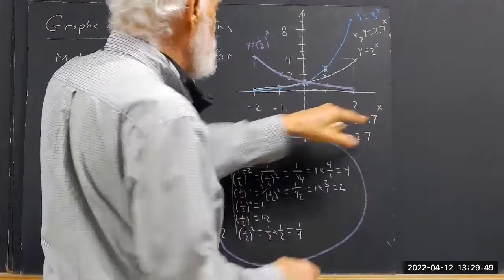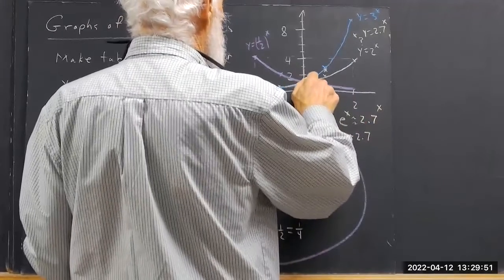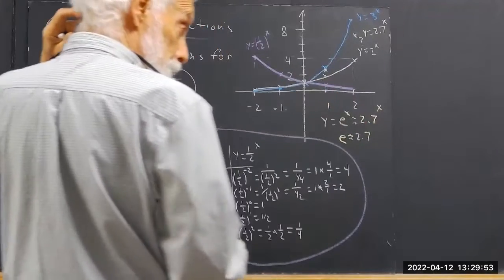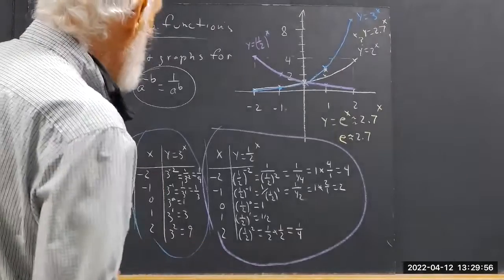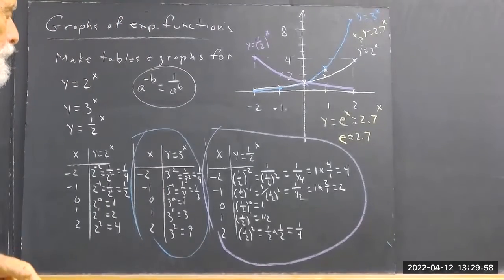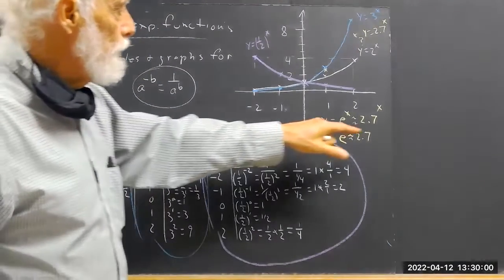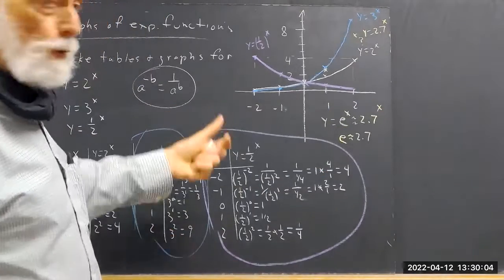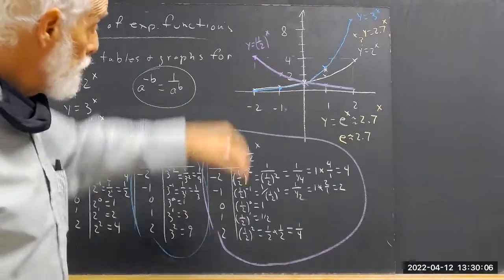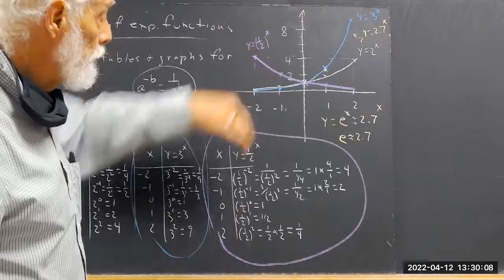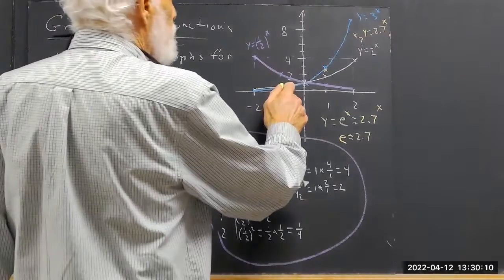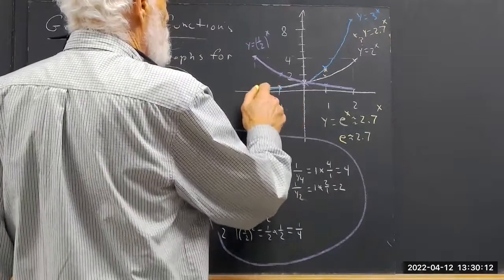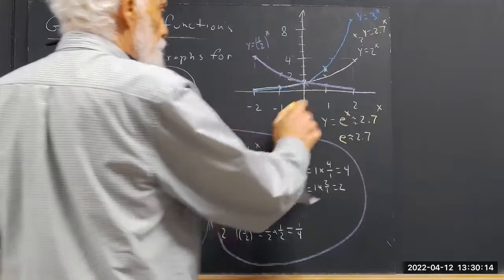We also know 2.7 to the 0 is 1, so it's going to go here. 2.7 to the -1 is going to be between 2 to the -1 and 3 to the -1. 2 to the -1 is here, 3 to the -1 is a little lower. So the graph is going to be sandwiched in between these.